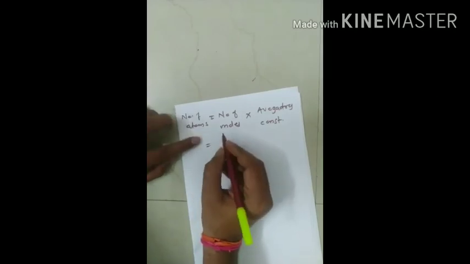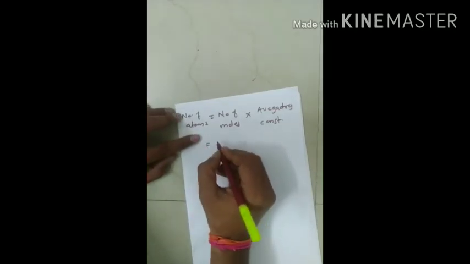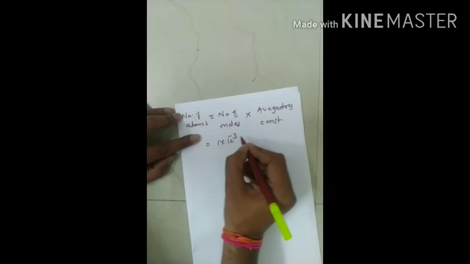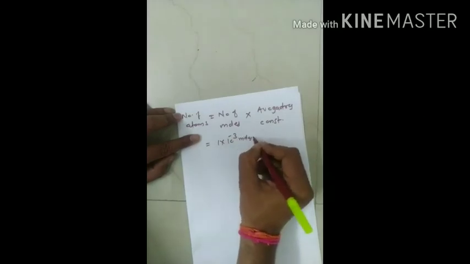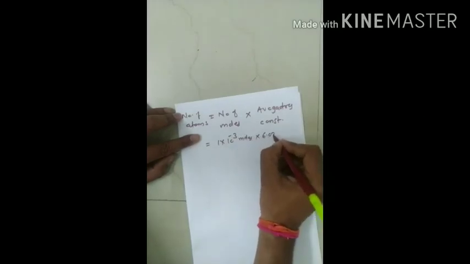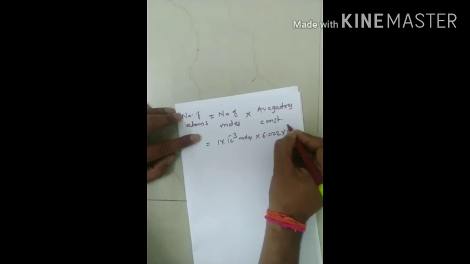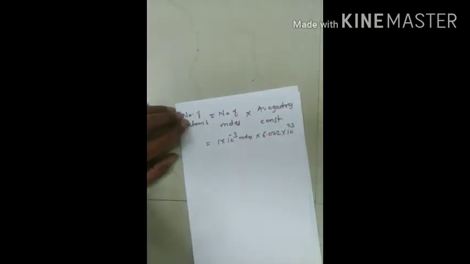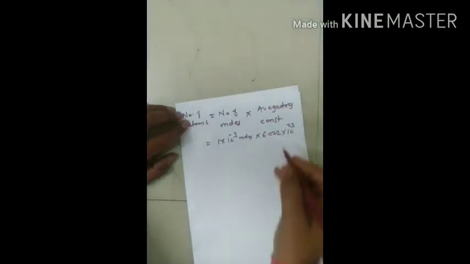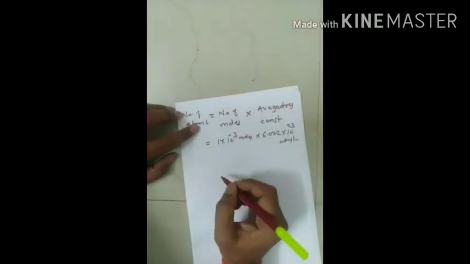The number of moles we calculated is 1 into 10 raised to minus 3 moles, and the Avogadro constant is 6.022 into 10 raised to 23, with unit atoms per mole.